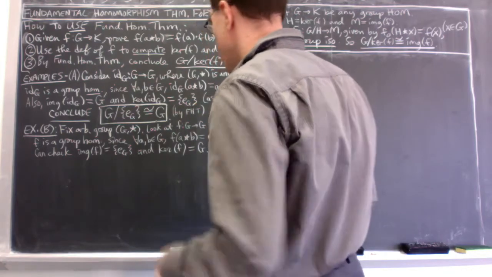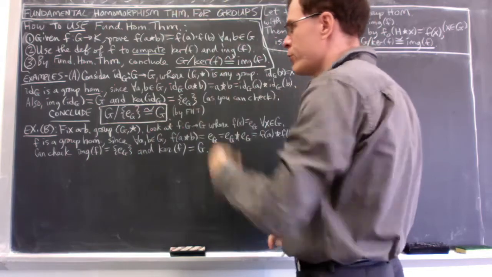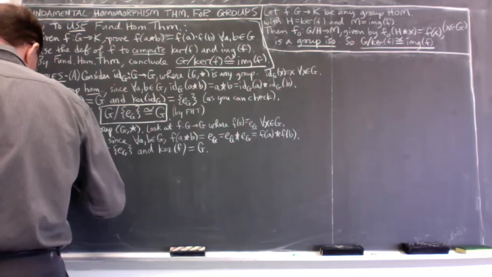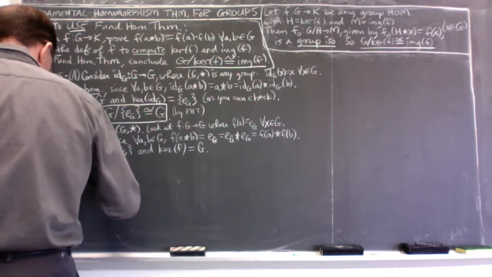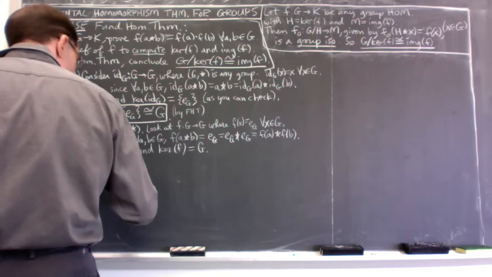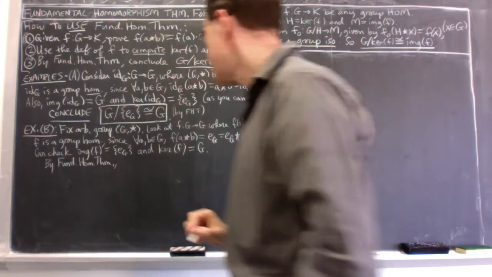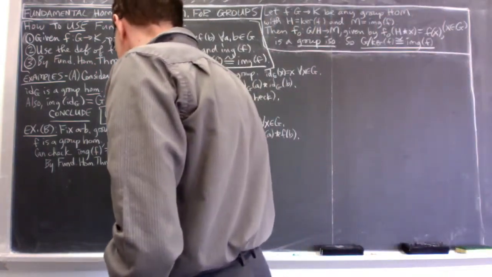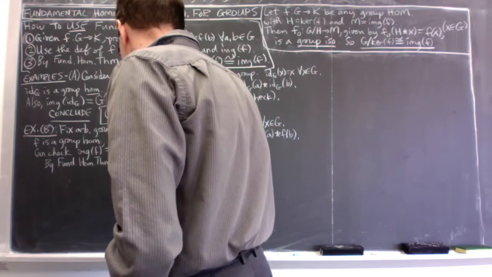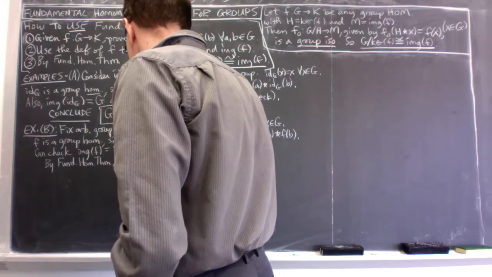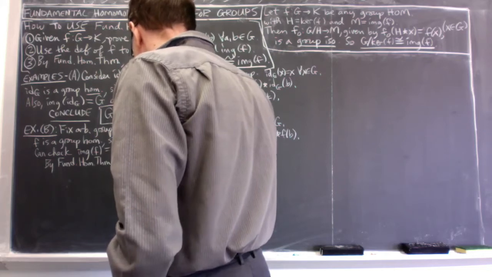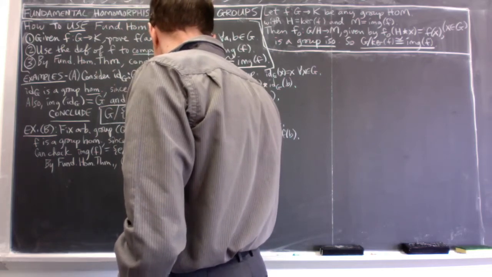So by the fundamental homomorphism theorem, or FHT, if you want to use some abbreviation, what do we get out of this one? So now the kernel is G, and the domain is G. So G/G is isomorphic to the image, which is a one-element group.